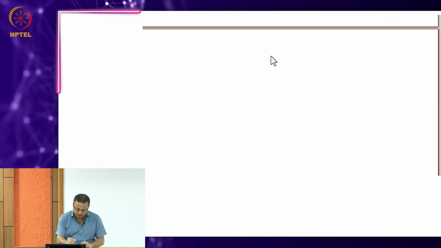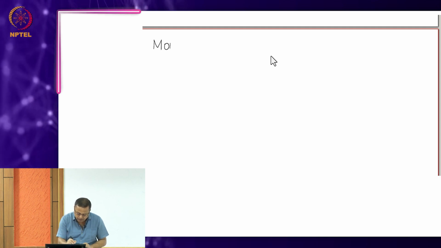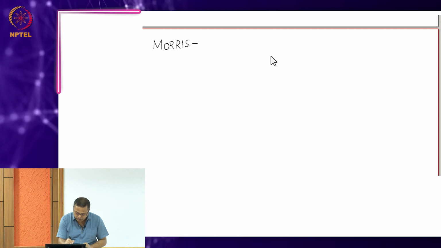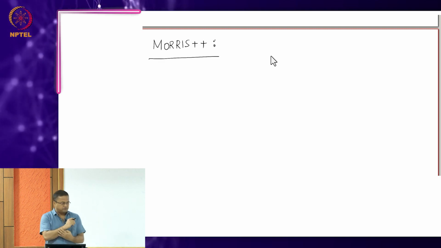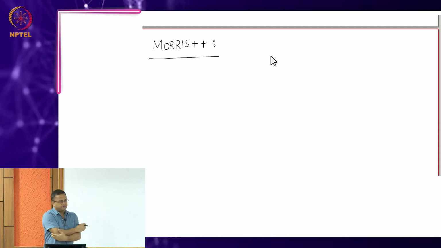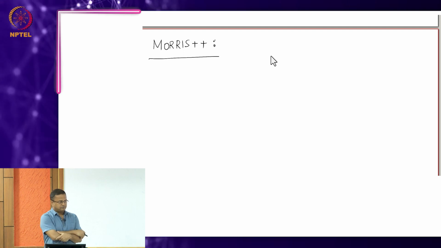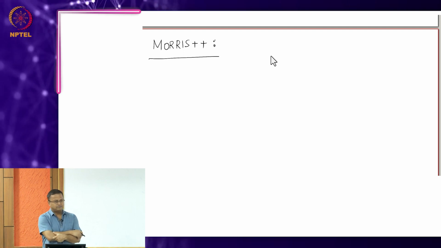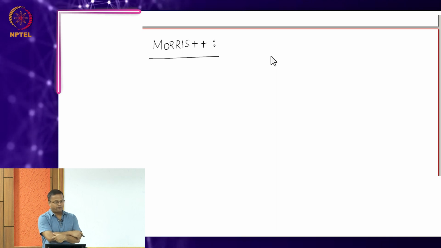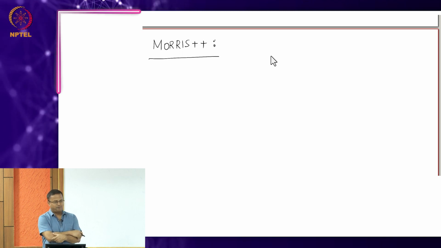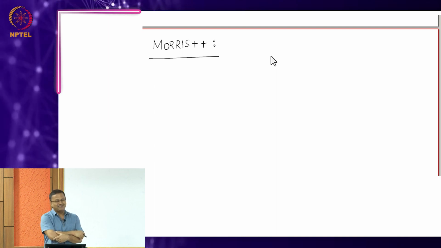Now we want to improve even further. So we do this Morris plus plus. What do we do now? Take the average of Morris pluses. That is not going to help, no?